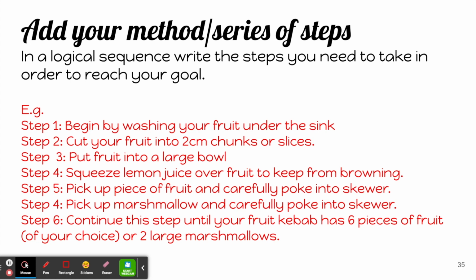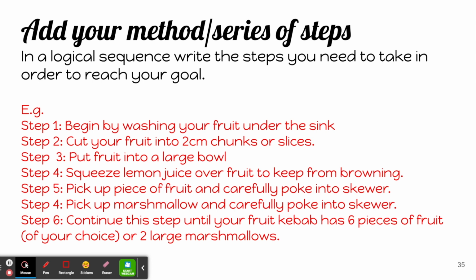All right, the next thing we need to add is our method or series of steps. So in a logical sequence, write the steps you need to take in order to reach your goal. Have a think. Have I missed anything out here? Step 1. Begin by washing your fruit under the sink. Step 2. Cut your fruit into 2 centimeter chunks or slices. Step 3. Put fruit into a large bowl. Step 4.